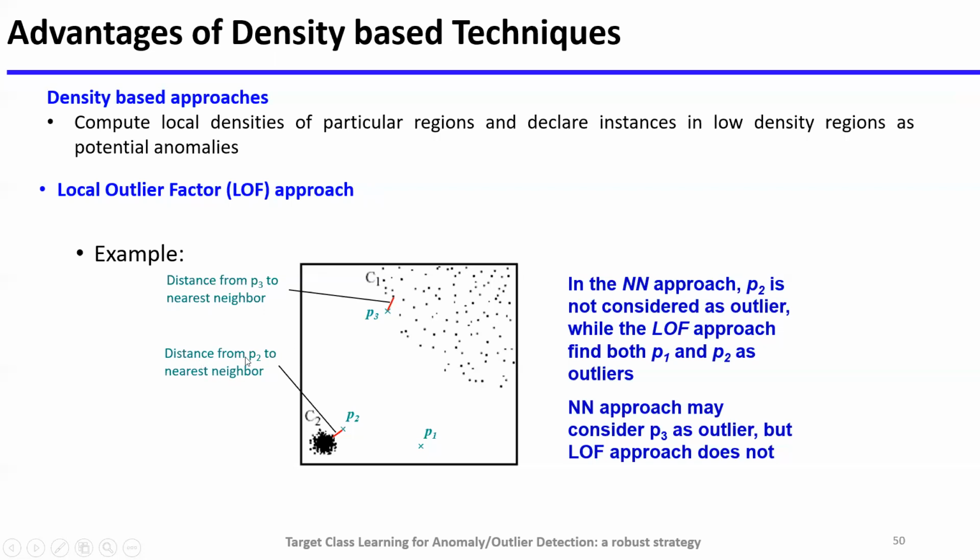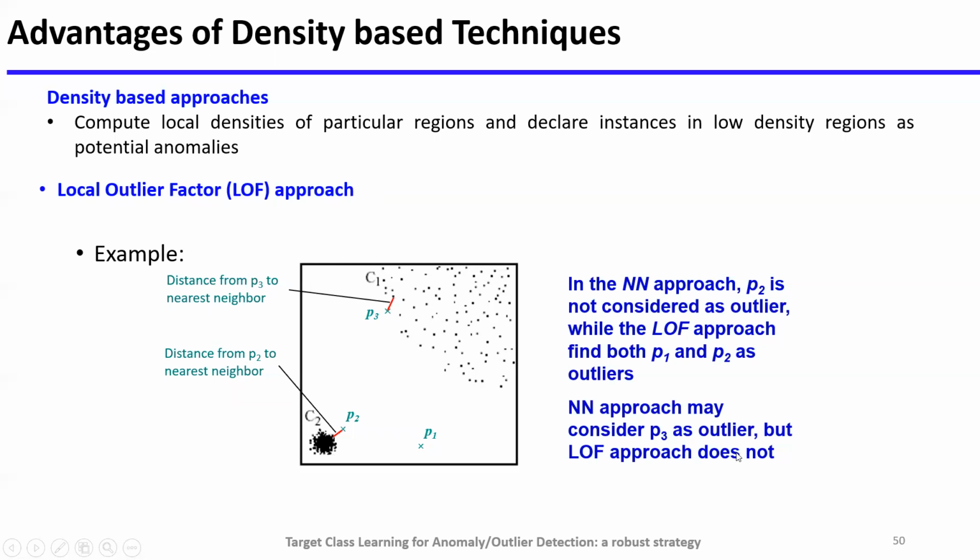And the distance from P2 to the nearest neighbor is this one. So in the nearest neighbor approach, P2 is not considered an outlier, while in the local outlier factor approach, the LOF approach, it finds both P1 and P2 as outliers. The nearest neighbor approach may consider P3 an outlier, but the LOF approach does not.